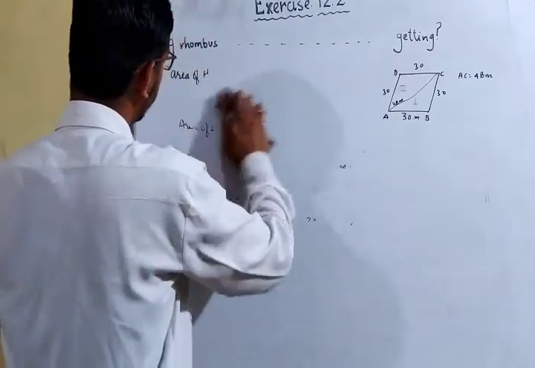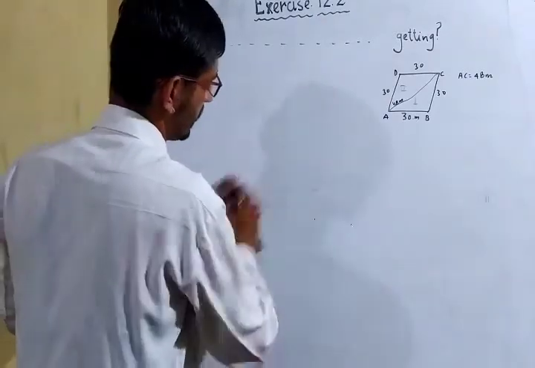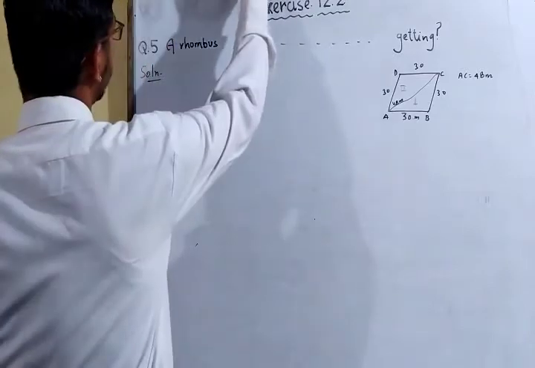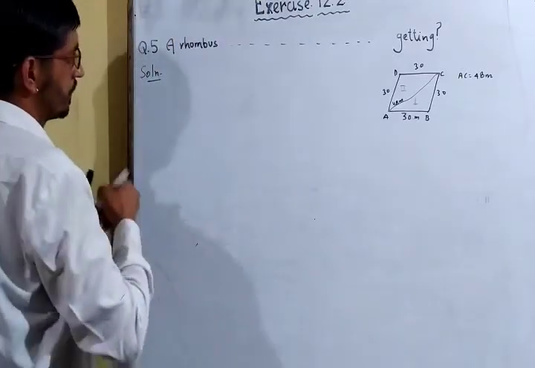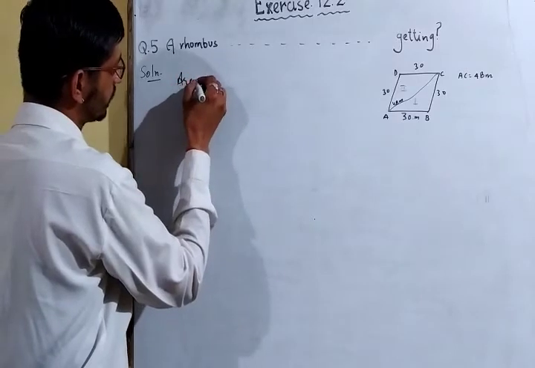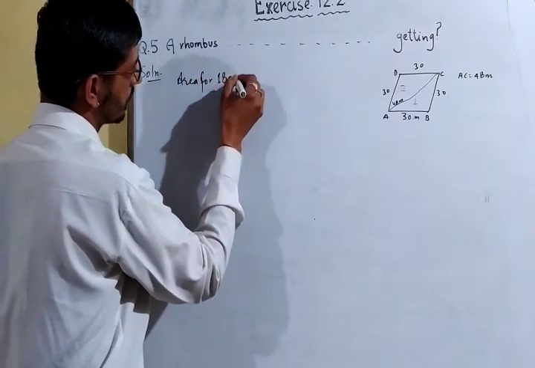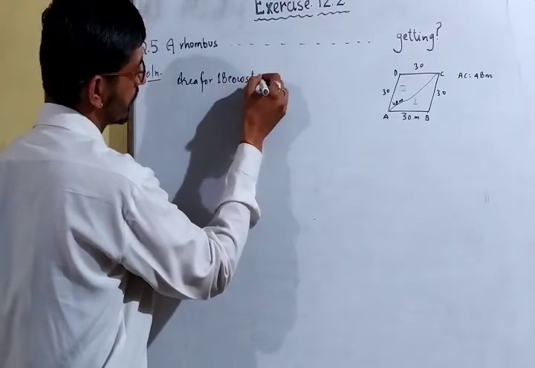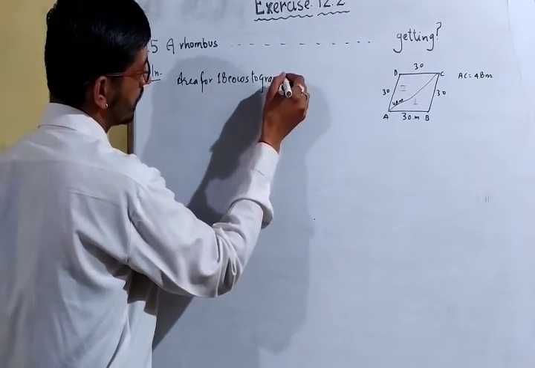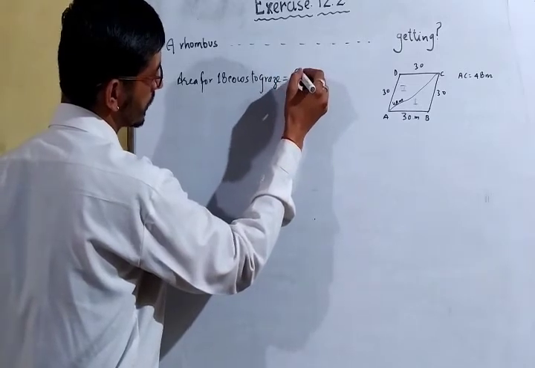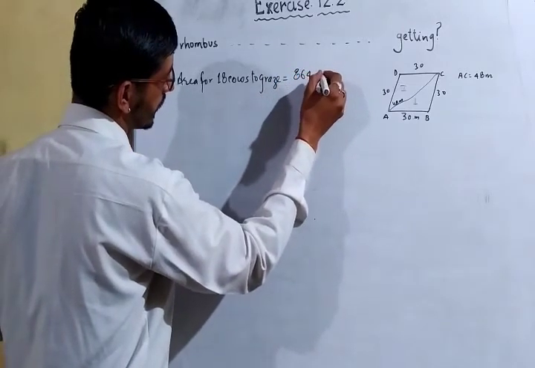At last he will write, area for 18 cows to graze is equal to, what was the 864 meter square.